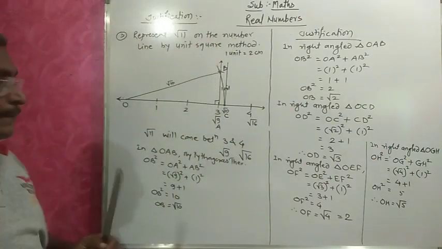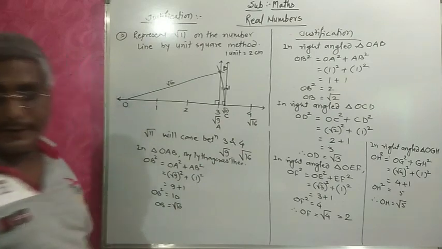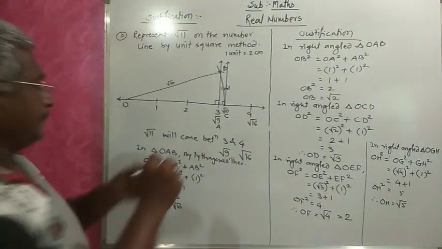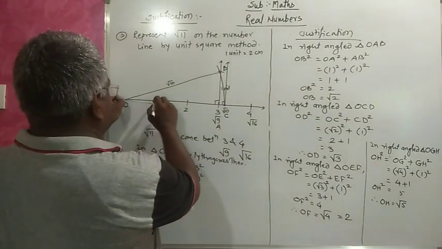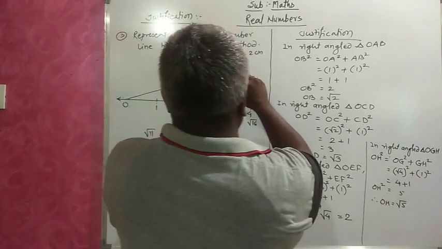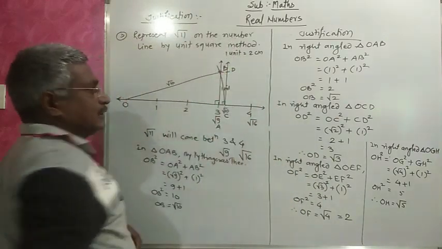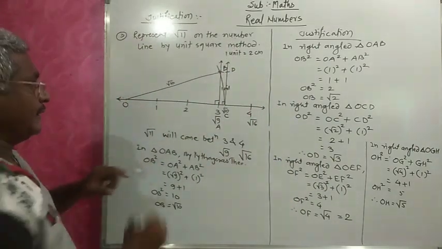In this way, draw a perpendicular, 1 unit distance, same. Keep 1 unit at C, mark D. Join OD.